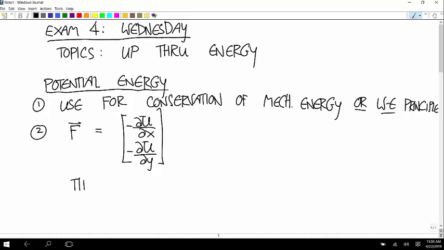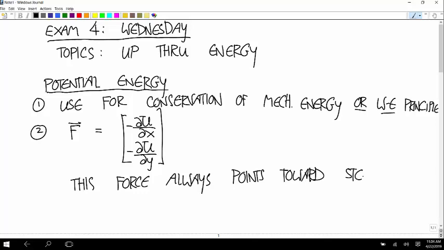And this force vector always points toward the steepest decrease in potential energy.